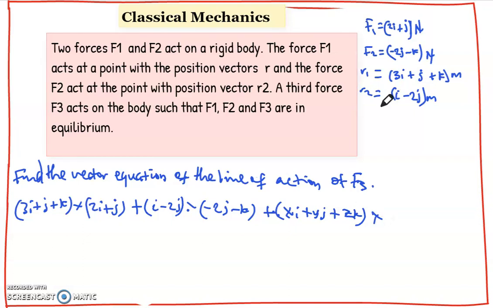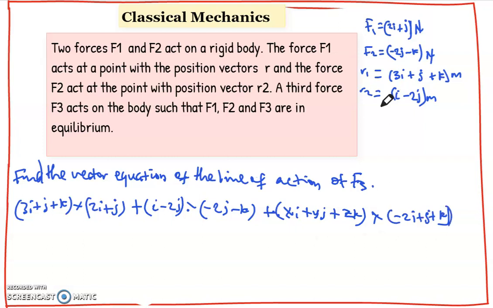And what did we get? We get negative 2i plus j plus k. This is what we get, and we use this to find the magnitude.